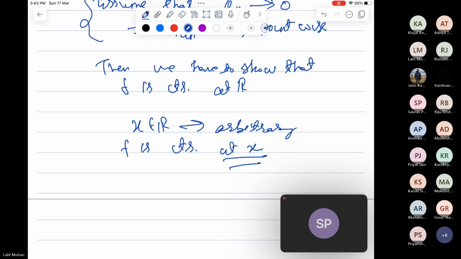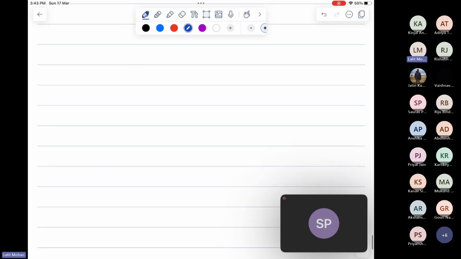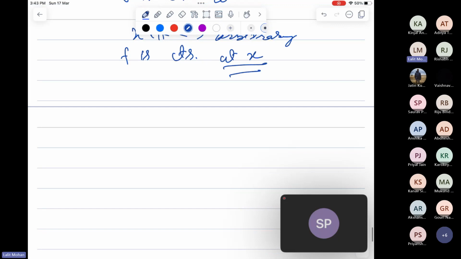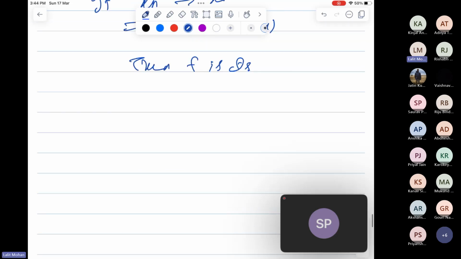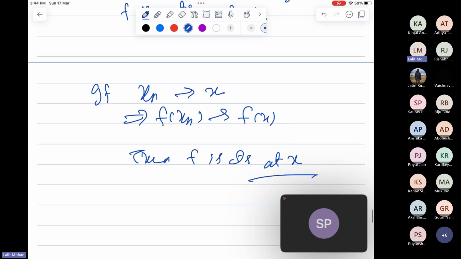Yes or no? See, we have to show that f is continuous. I am just stating the theorem. Just tell me whether you have seen this result or not. If xn converges to x, this will imply that f of xn converges to f of x, then f is continuous at x. Did you see this result or this type of result or not?